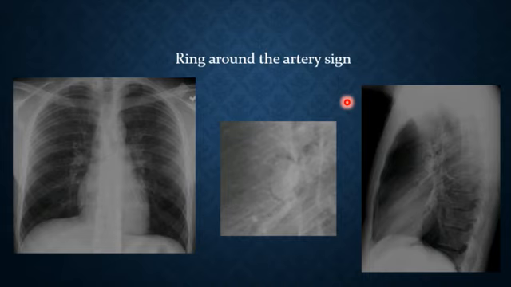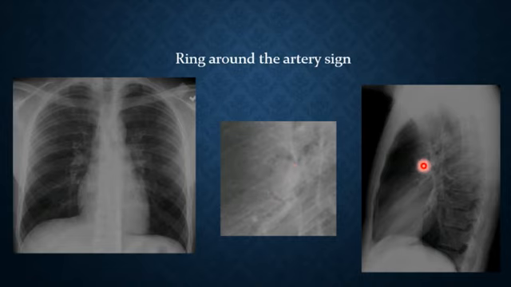Anyway, this is another sign called the ring around the artery sign. It is a sign of pulmonary interstitial emphysema with pneumomediastinum. When you see the artery, there is a hypodense ring surrounding it.